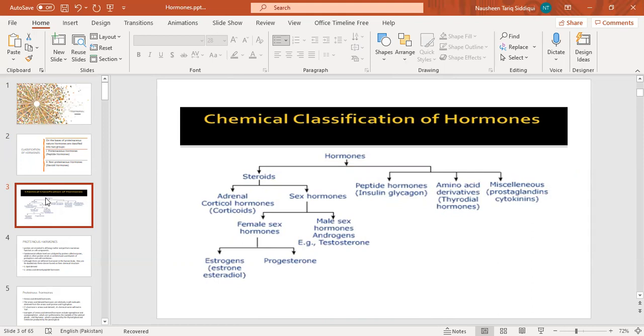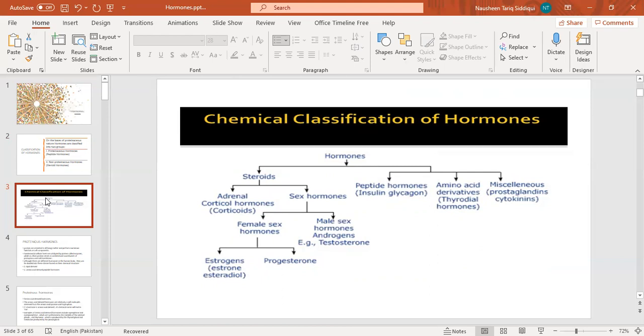And if we see the chemical classification of hormones, we see there are two types. Number one is the steroidal types, and the second is the non-steroidal, that is the peptide hormones. The peptides या protein based hormones, वो कौन से होते हैं? These are insulin, glucagon वगैरह जो होते हैं, these are the peptide hormones, while amino acid derivatives, these are the thyroidal hormones.